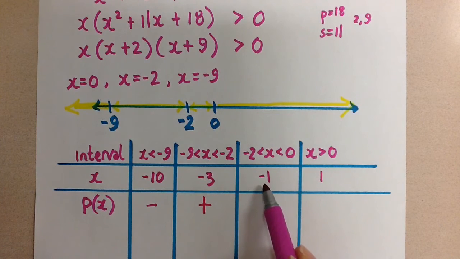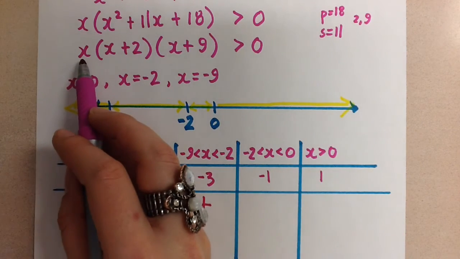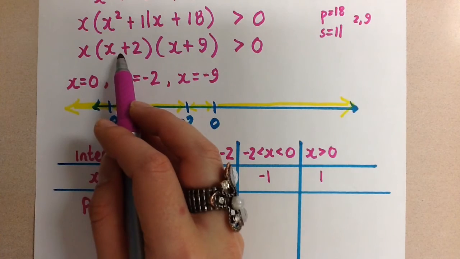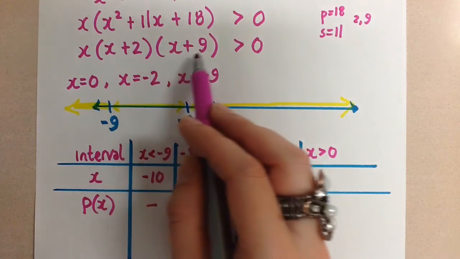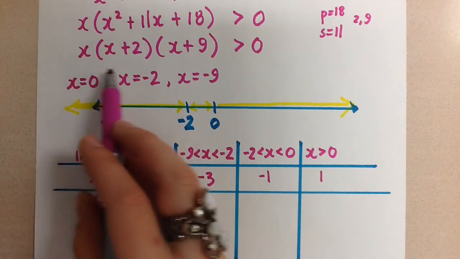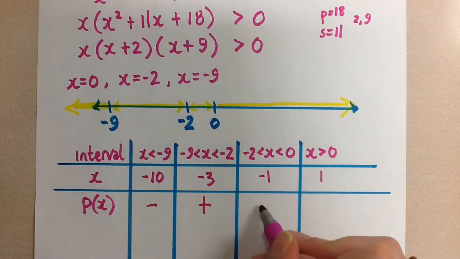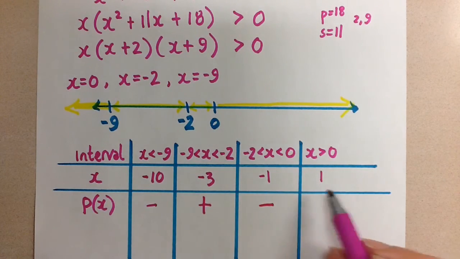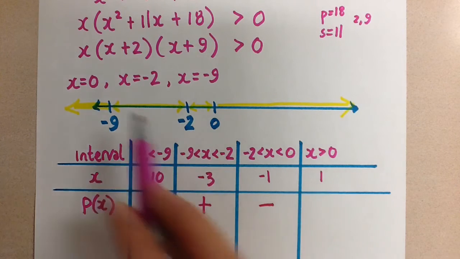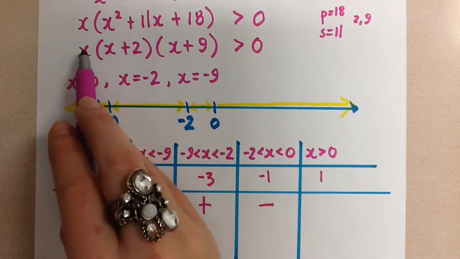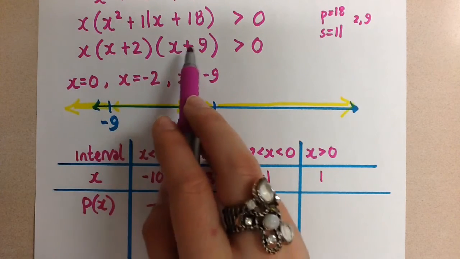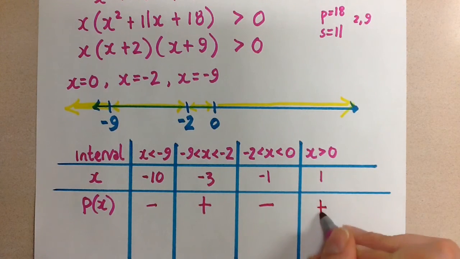Let's do the -1 now. -1 here, then -1 plus 2 gives us a positive number here, and -1 plus 9 gives us a positive number here. So we have a negative times a positive, which is a negative result. And the last value, +1, well, if I plug in 1 here, and 1 here, we get a positive times a positive, which is a positive result.